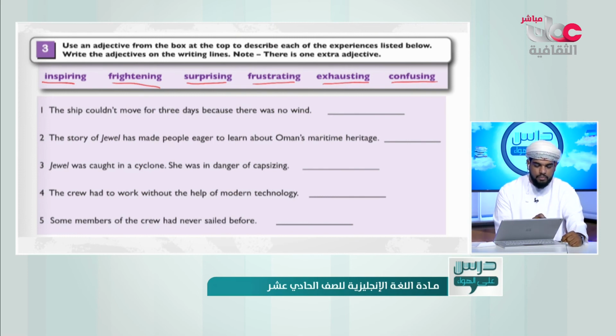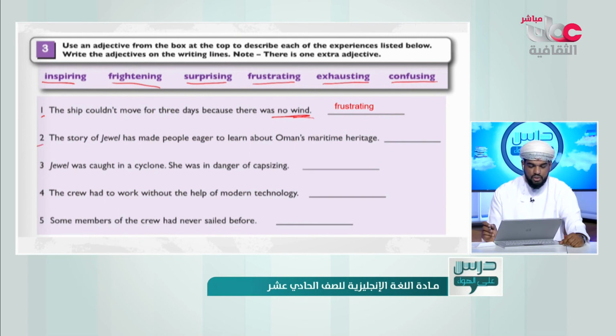For example, number 1, the ship couldn't move for 3 days because there was no wind. What is the feeling that you will get? What will you choose? The answer is frustrating.